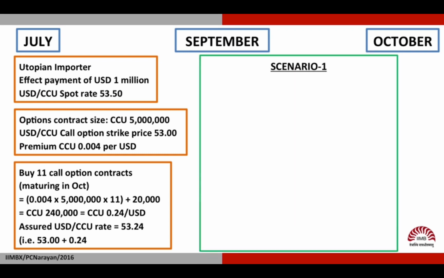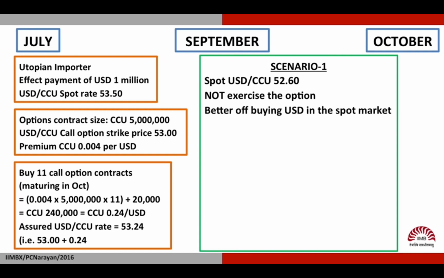Scenario 1, where the USD CCU rate has moved to 52.60. In other words, the CCU has appreciated with respect to the US dollar on 22nd September when the payment is actually received. The Utopian importer will then not exercise the option, as he is better off buying the US dollars in the spot market.